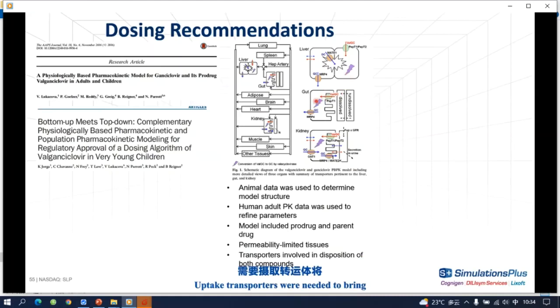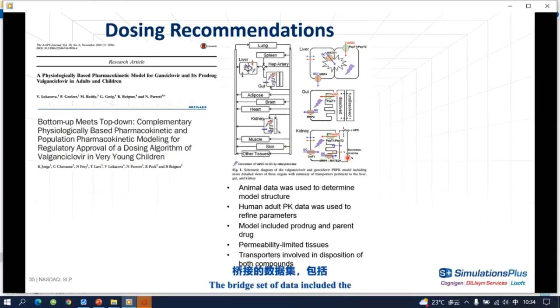Uptake transporters were needed to bring valganciclovir in from the intestine for absorption, and into the tissues for metabolism into ganciclovir. And the parent compound ganciclovir then was dependent on transporters to get it out of the tissues where it was formed, and also had to rely on transporters for active renal secretion.